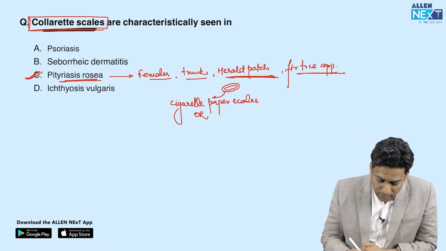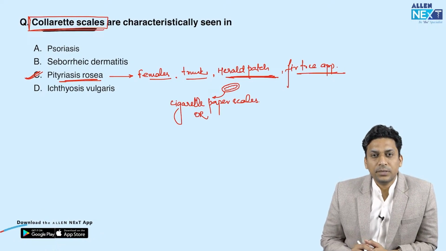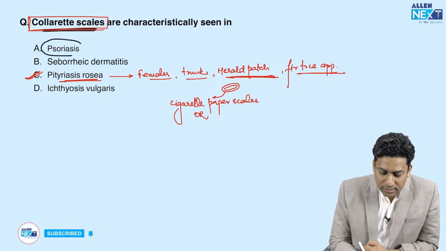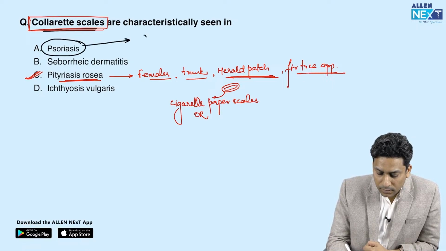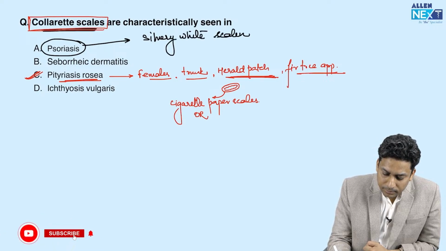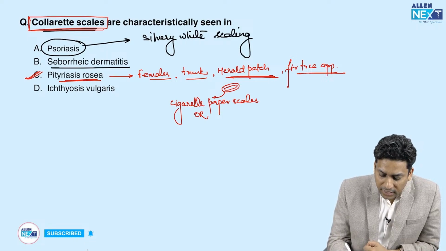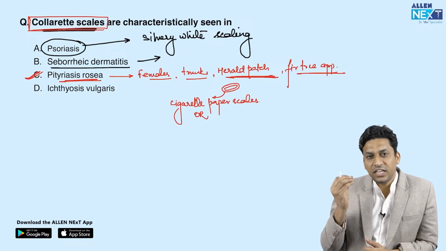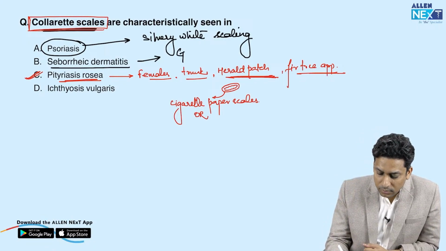Now remember that the other options which are present here also have characteristic scaling, like psoriasis presents with silvery white scaling. Seborrheic dermatitis occurs over seborrheic areas, and seborrheic areas are very oily and greasy, so greasy scales are seen.